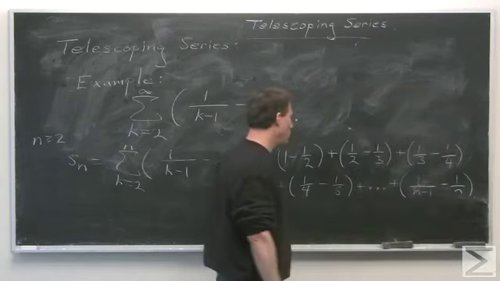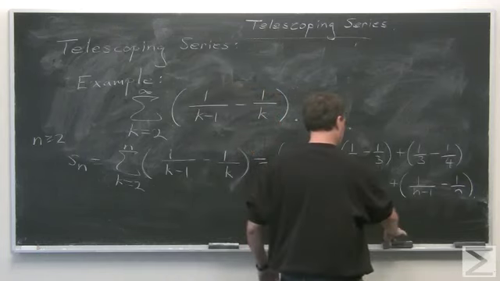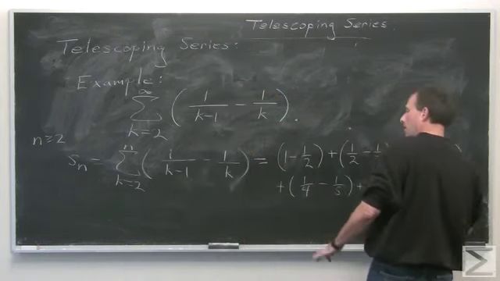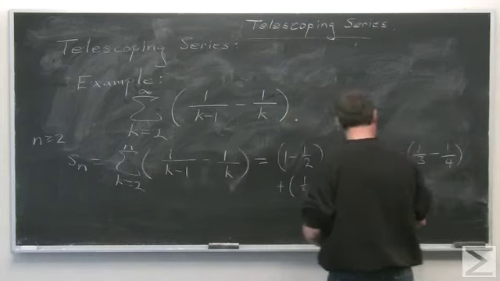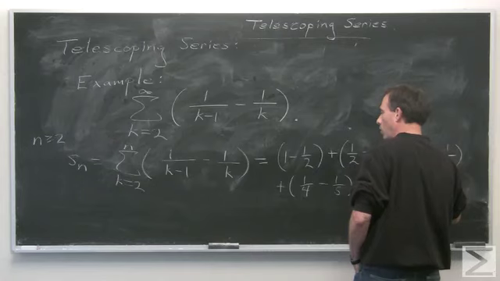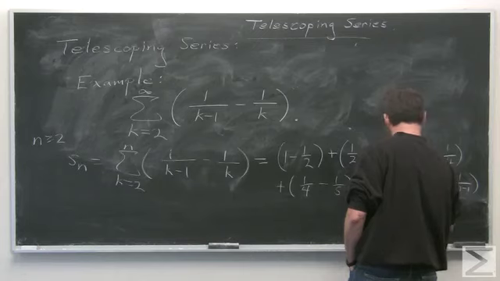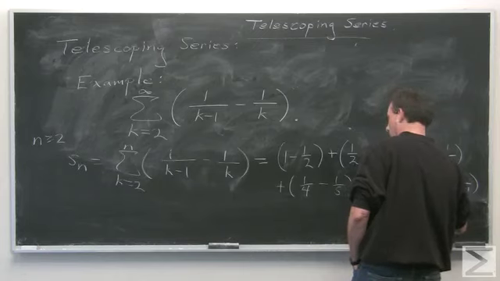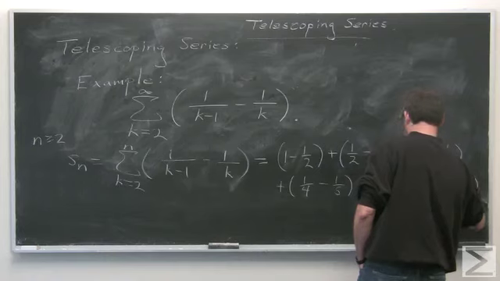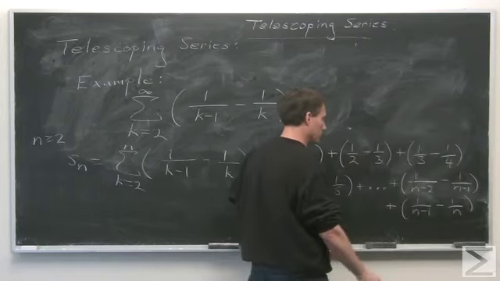Well, let me write the term that comes before this final one. When k is n minus 1, you would get 1 over n minus 2 minus 1 over n minus 1. And then the last term, when k is n, you would get 1 over n minus 1 minus 1 over n. All right. What do you get when you add all of those?